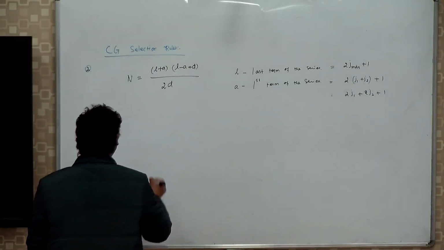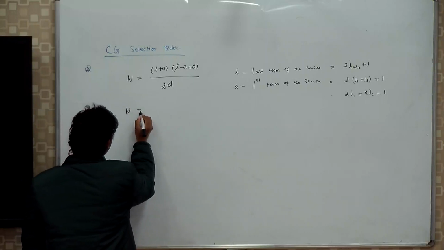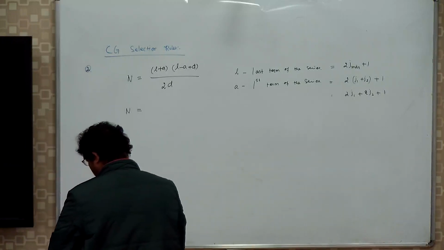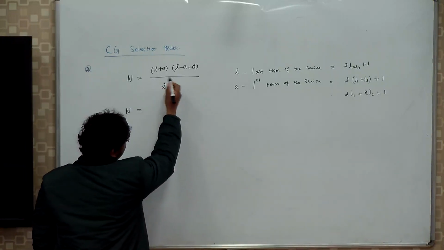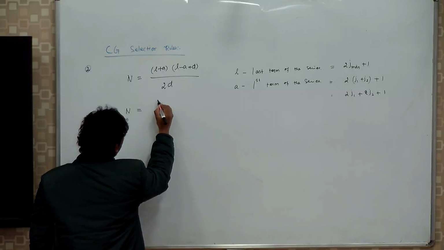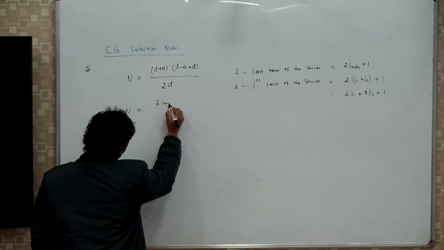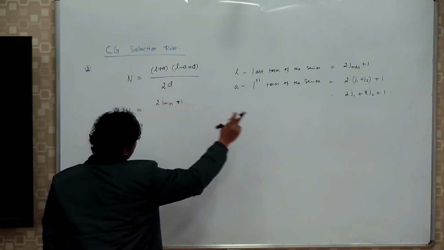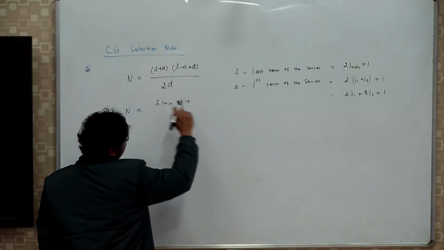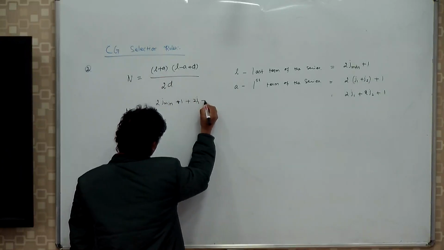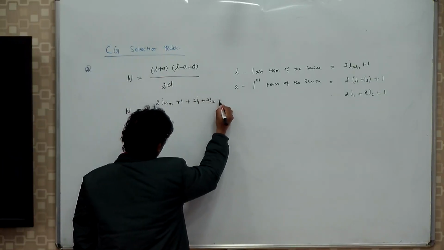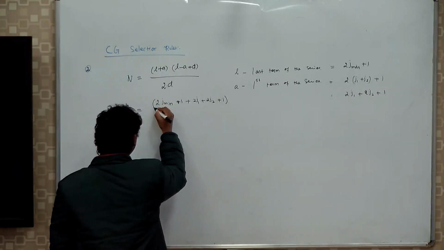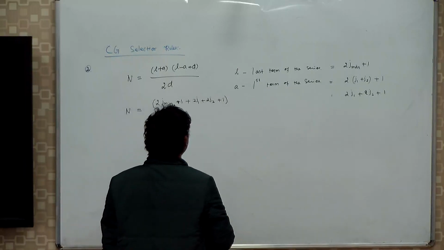If we feed this value into the arithmetic progression, n can be written in this formula: last term 2j minimum plus 1, and the A is the first term, 2j1 plus 2j2 plus 1. Complete the bracket.